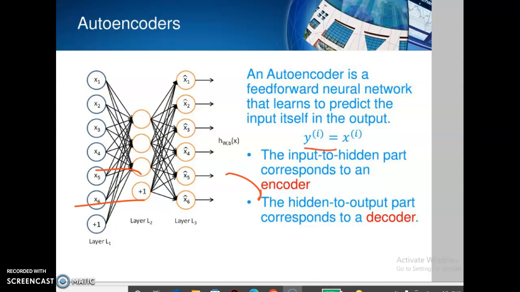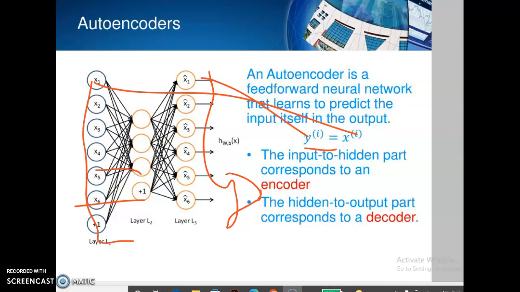The input to hidden part corresponds to an encoder. The hidden to output part corresponds to a decoder.